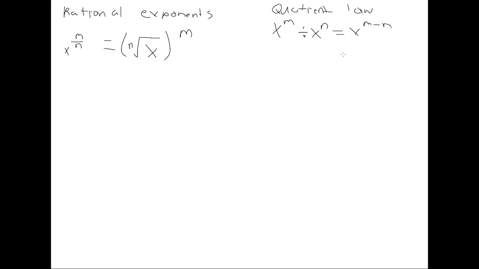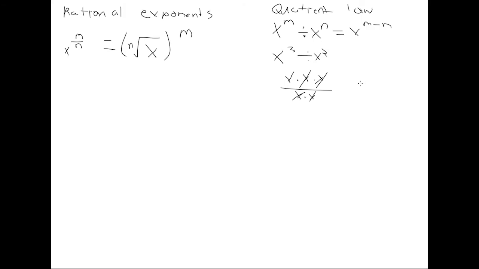Okay? And let's think about that. Let's give an example. Let's say it's x cubed divided by x squared. That's basically saying x times x times x divided by x times x, right? And if there are 2 on the denominator, they're going to cancel out with 2 of the ones on the numerator. So that's why you subtract.